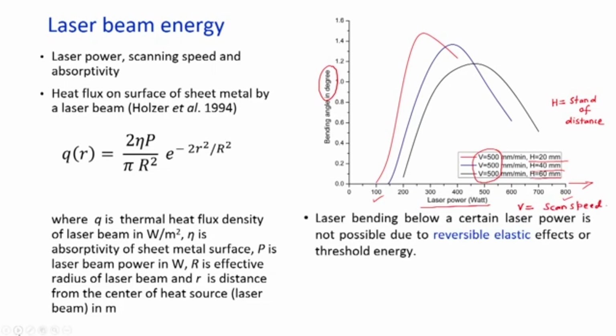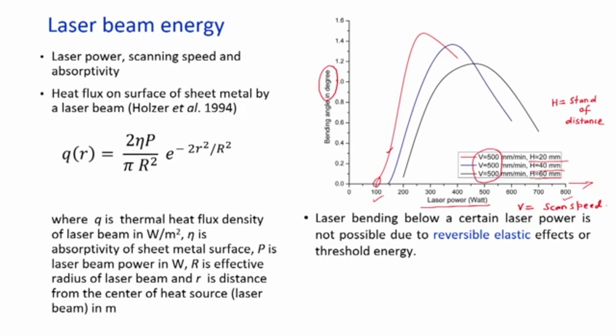Now, if you look at this variation of bend angle with respect to laser power, the red color graph is showing that the bend angle is increasing with the laser power. For 100 watt there was no bend angle, there was no deformation.